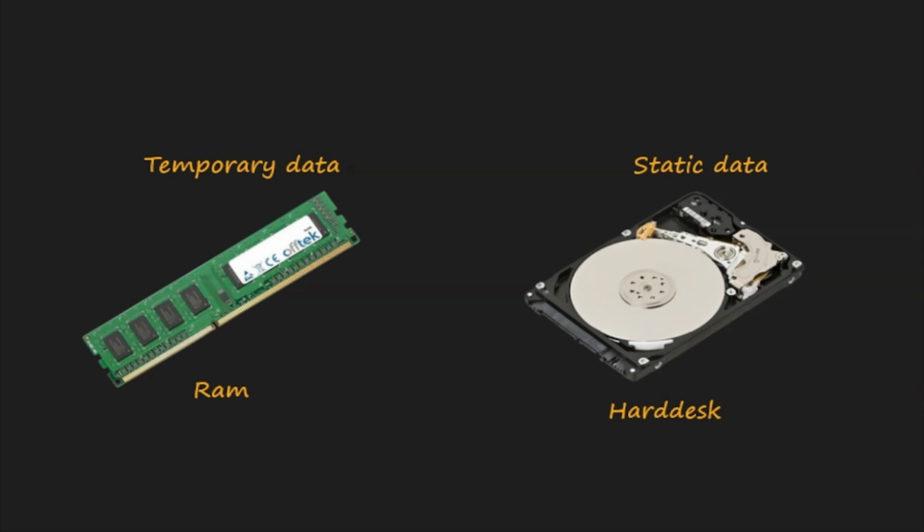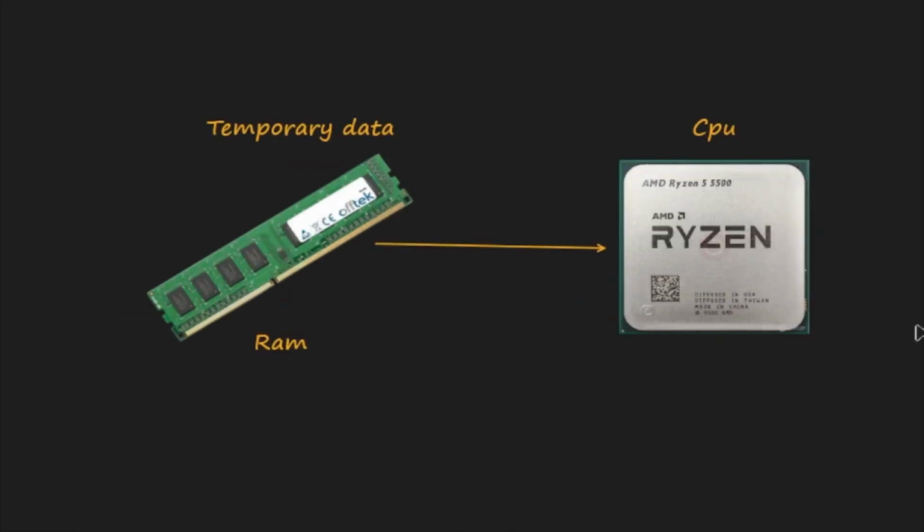The program you download from the browser is stored in temporary data. If you close the browser, the temporary data is deleted. The part responsible for this is RAM. It gets the data the CPU needs quickly and stores it to give the CPU that data. When you turn off the computer, all temporary data is deleted.